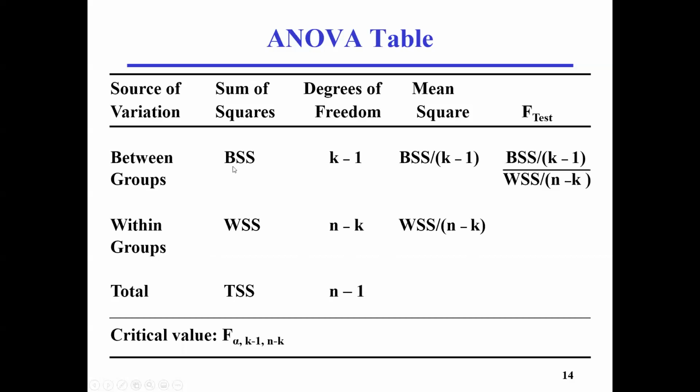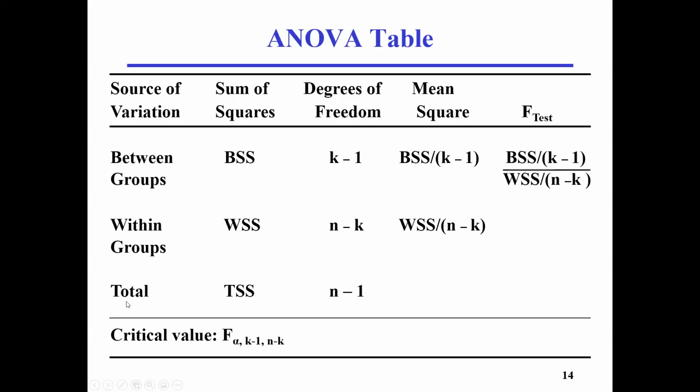And since you have BSS, you have K minus 1, you calculate the ratio, you have the mean square. BSS divided by K minus 1. That's actually the numerator for the F-test. You do the same thing for WSS, right? You have the denominator. And then the next step, you calculate the ratio between mean squares and you have the F-test, right?